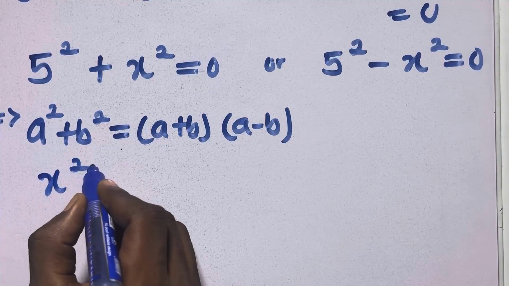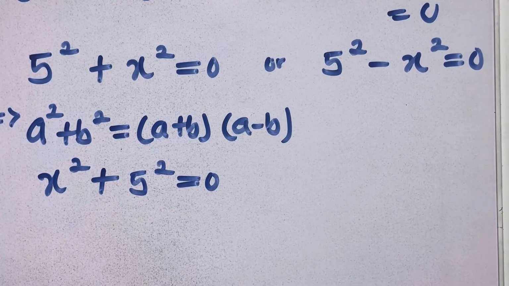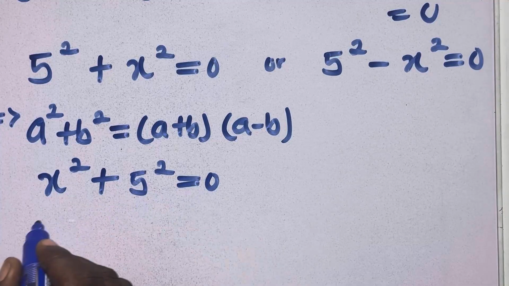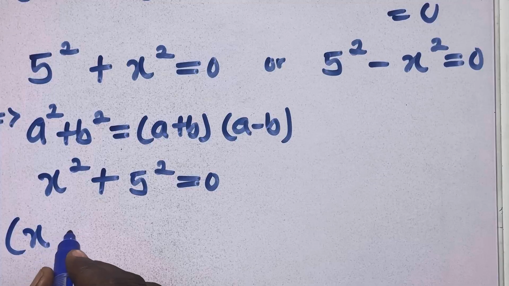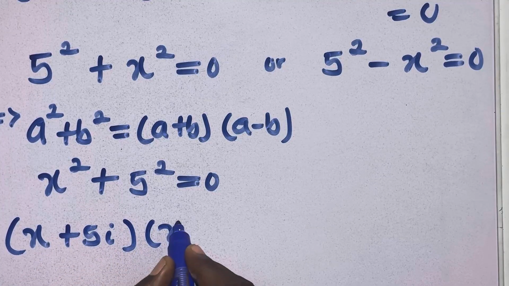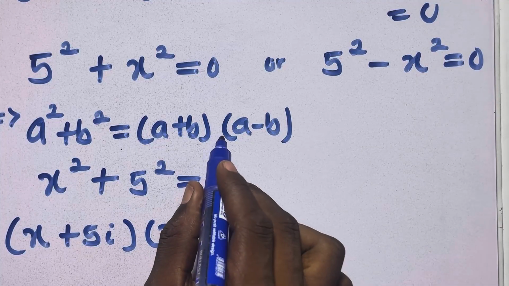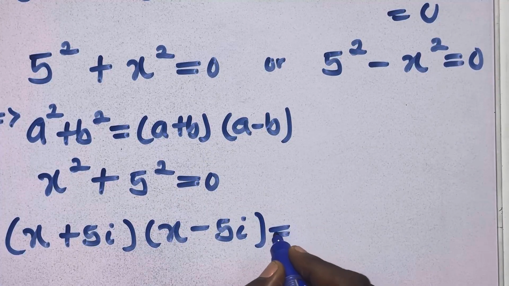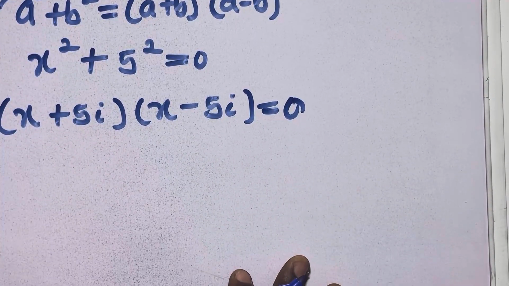Remember this is what we have, so we can also express this as x squared plus 5 squared equals 0. So the expression we have for this will be in complex form, so that we have x plus 5i, right, then x minus 5i, which is similar to this particular expression. Let's set everything equal to 0.